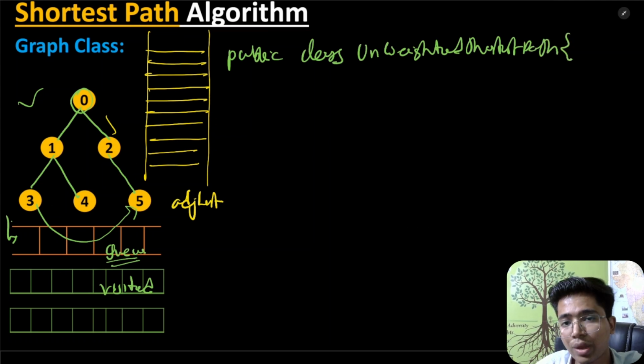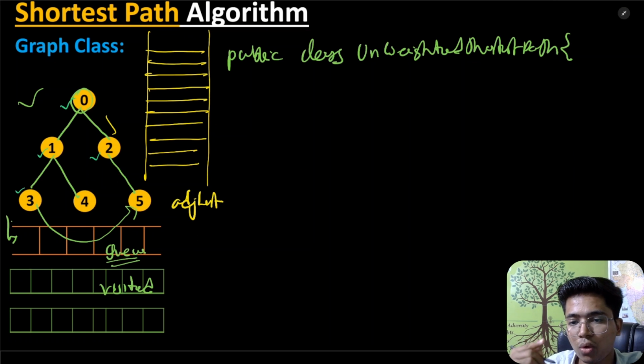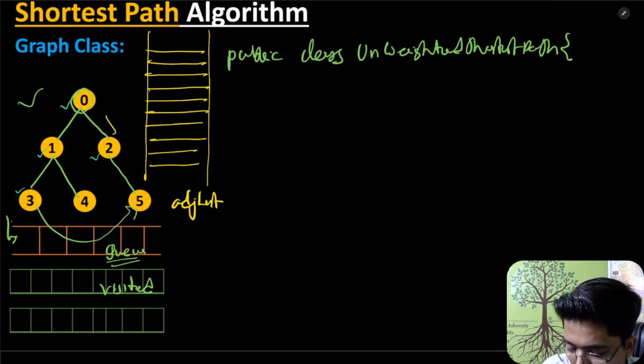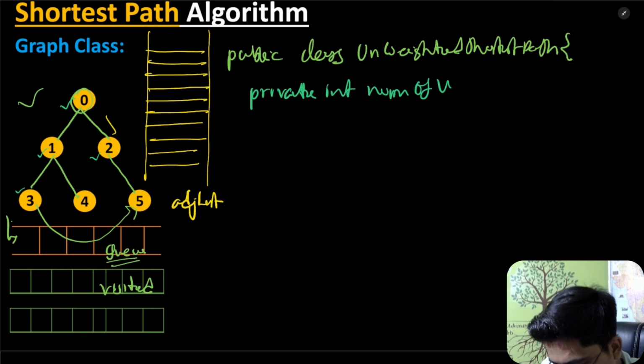This is the file name, because here we'll be tracking the unweighted shortest path. First we have to decide how many nodes we want to take, 1 2 3. So for that we'll be declaring the number of vertices: private integer number of vertices.